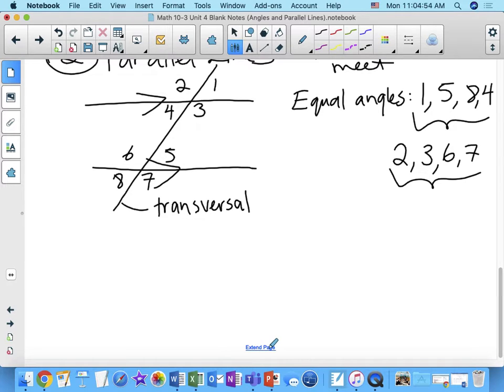Okay, so the types of angles that we can get are corresponding. Corresponding angles are basically in the same position where the transversal hits each line.